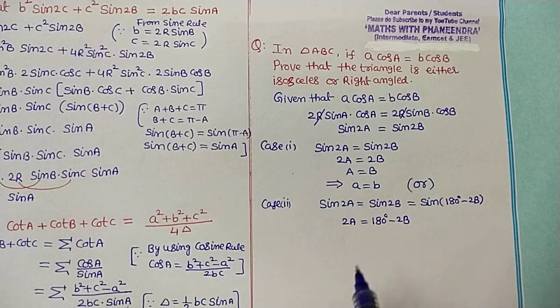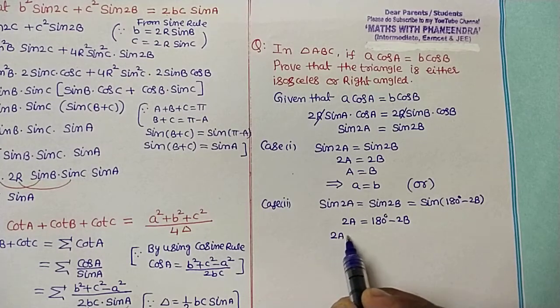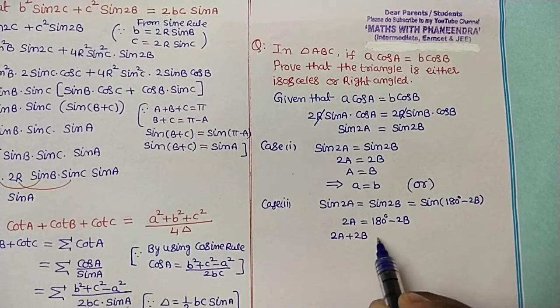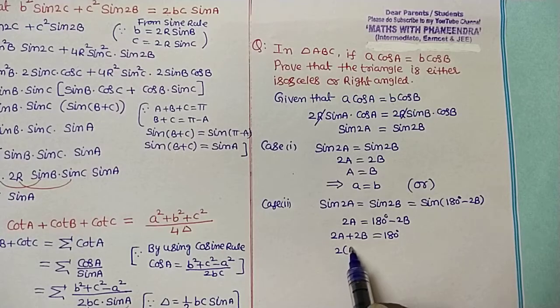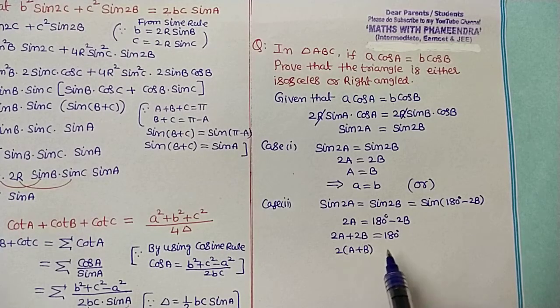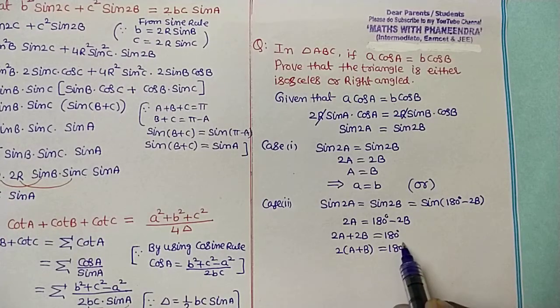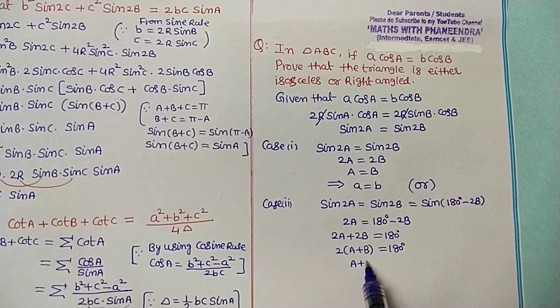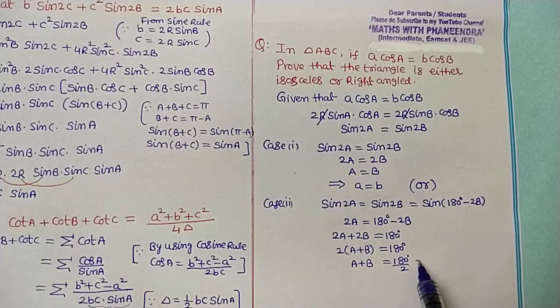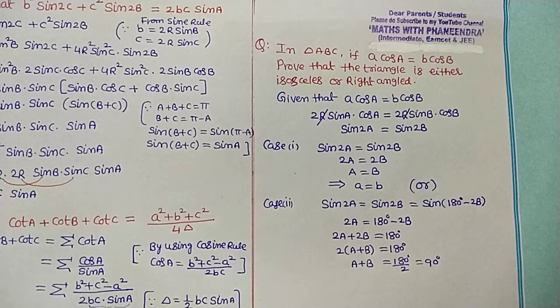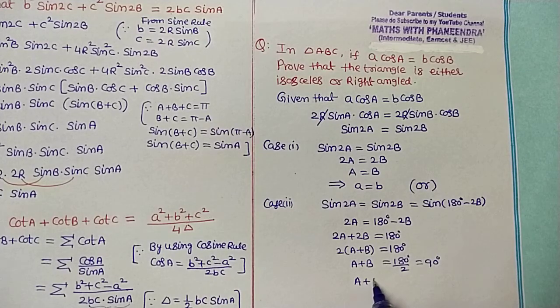So minus 2B we can take this side. 2A plus 2B is equal to 180. So 2 take common, 2 into A plus B equal to 180. So A plus B equal to 180 by 2, that is equal to 90. 90 means right angled only. So A plus B is equal to 90.